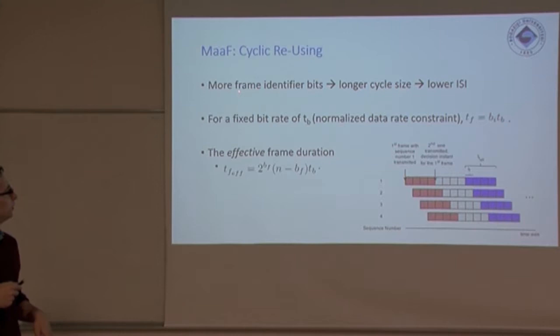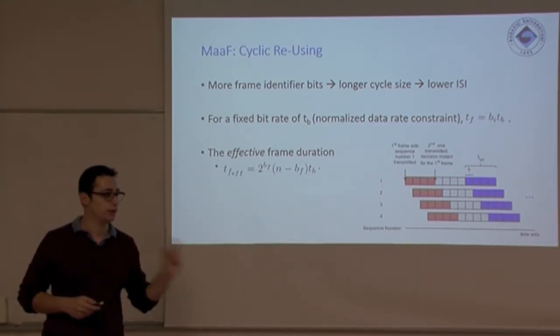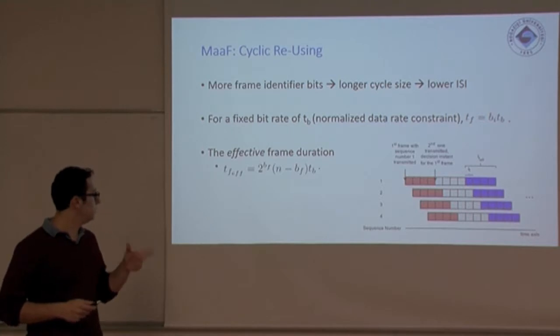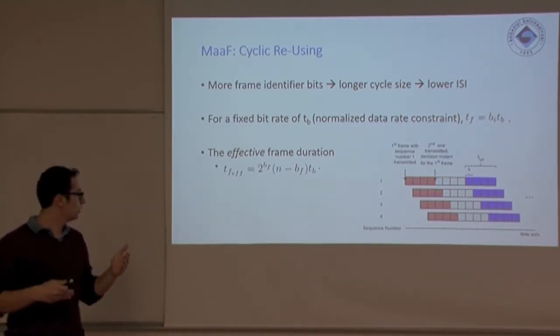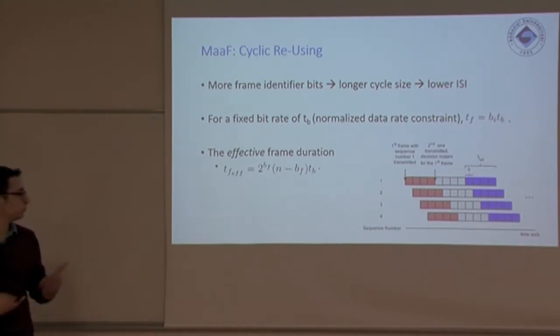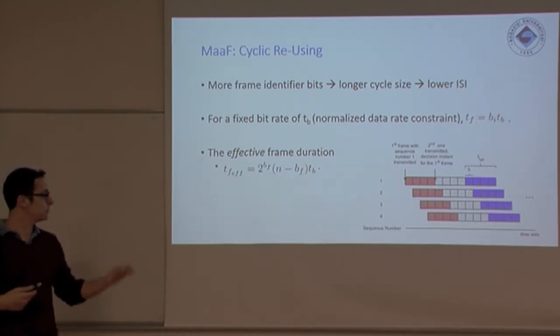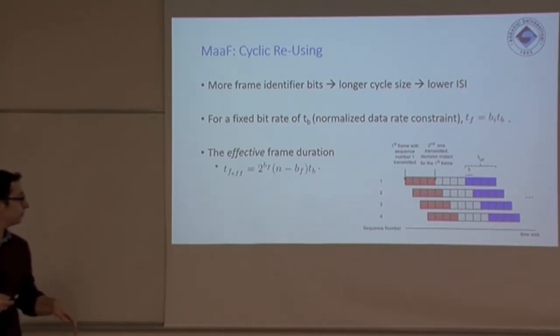We have BF frame identifier bits, and these BF identifier bits correspond to 2 to the power of BF different sequence numbers. So these sequence numbers have a cycle size of 2 to the power of BF, which we can cyclically use as I talked about before.